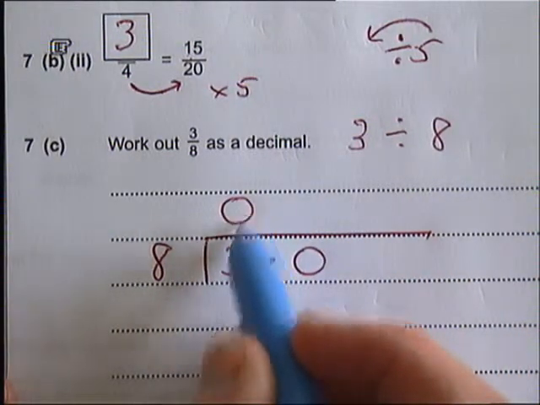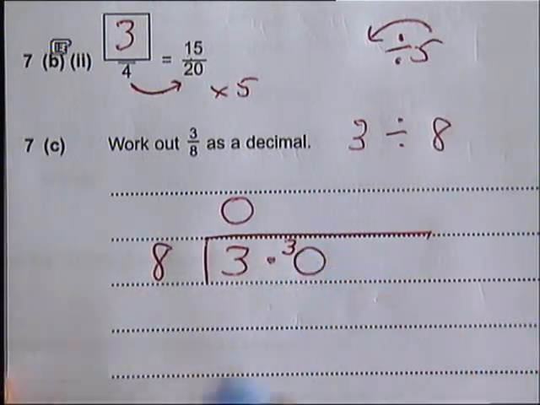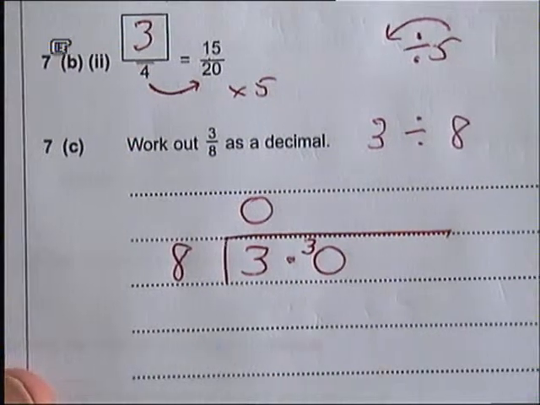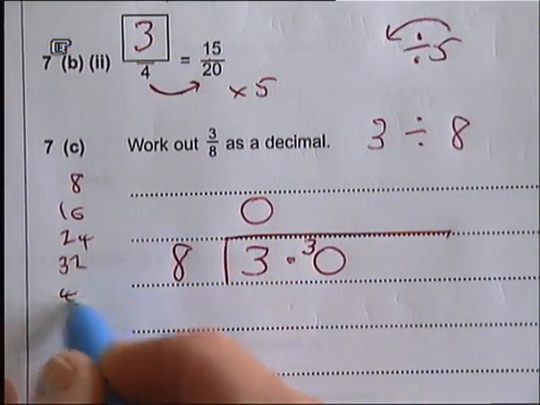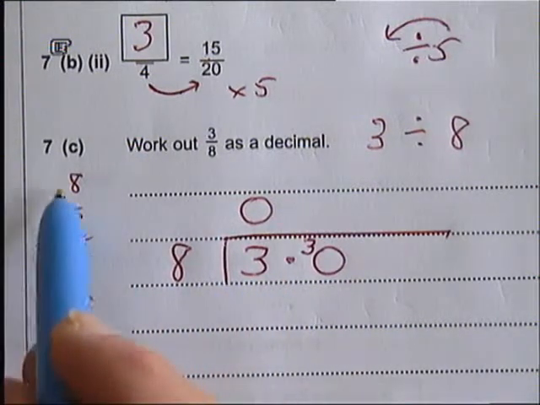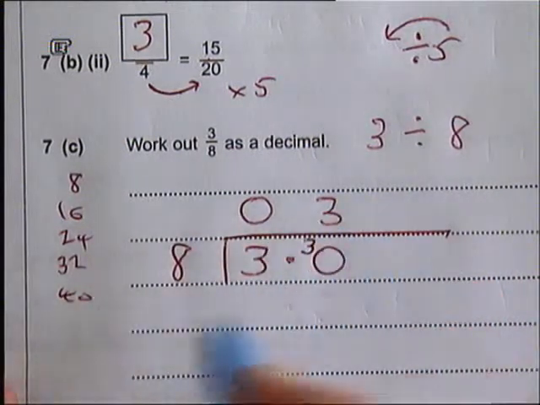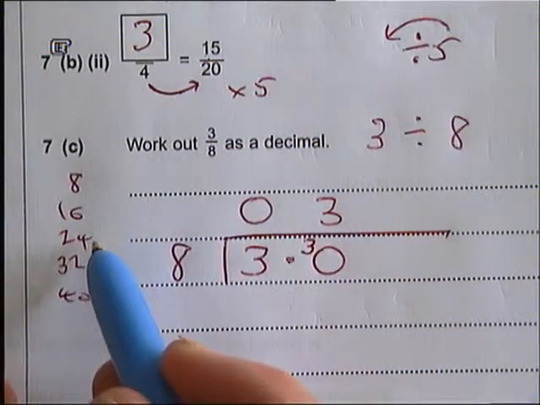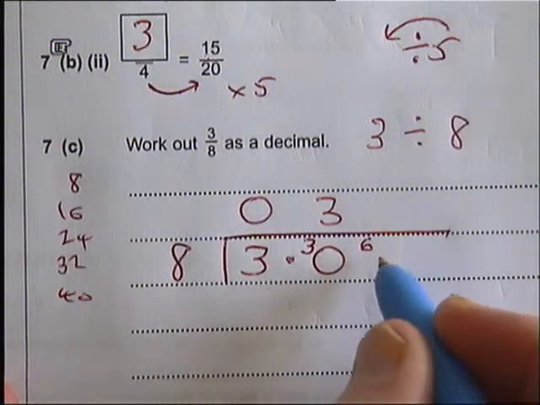Now I'm asked for 8 into 30. Well, my 8 times table, 8 into 30 goes 3 times. 3 eights are 24. And from 24 up to 30 means I've got 6 left over. Put that little 6 there.